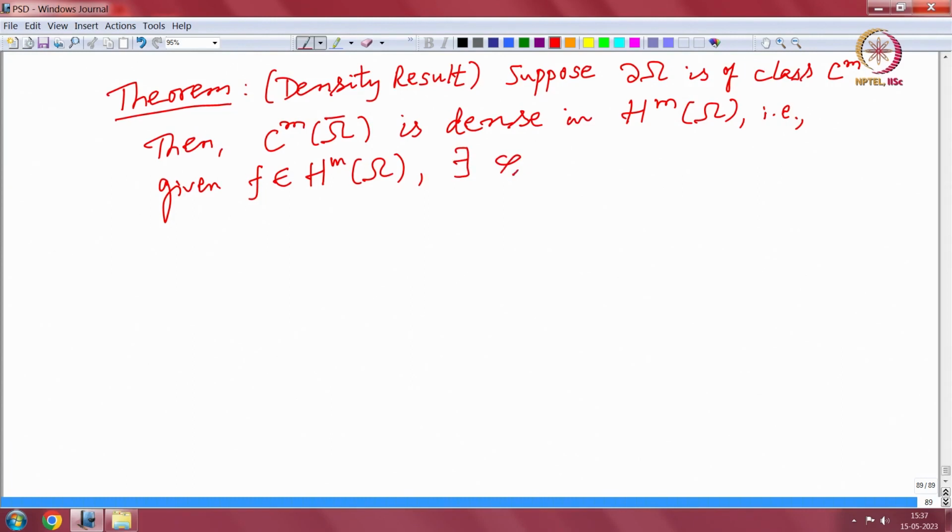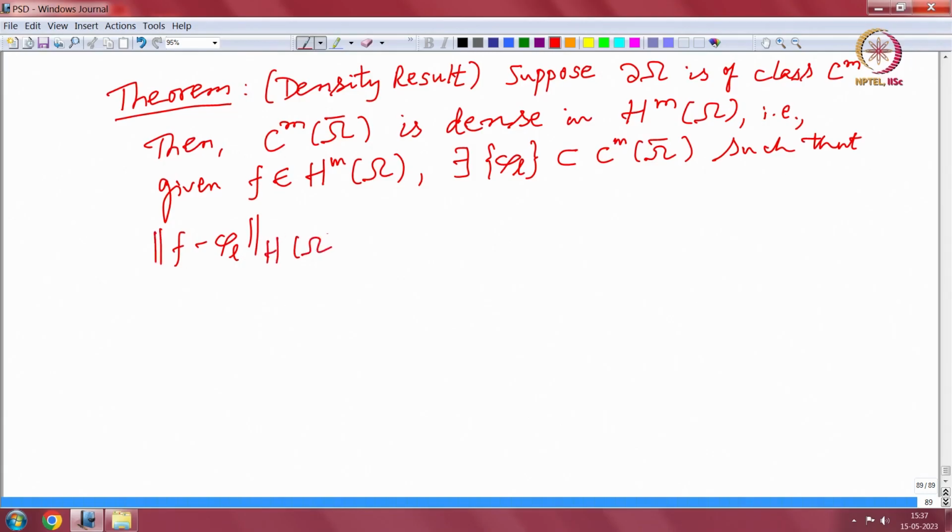Let me just write a sequence in C M omega bar such that f minus phi L in the HM norm tends to 0.